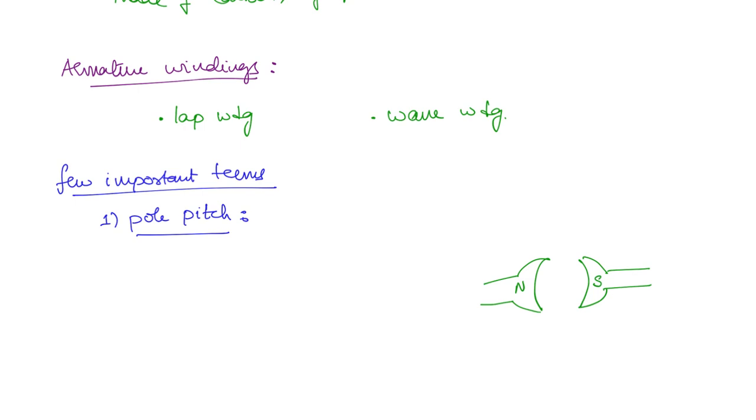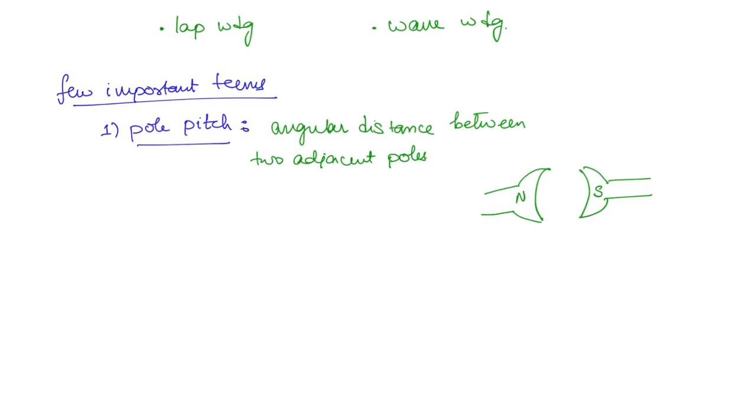That is called the pole pitch: the angular distance between two adjacent poles. Now when there are only two poles, it is pretty straightforward, but when you have more than that, we need to express pole pitch in terms of electrical as well as mechanical degrees. We need to know the difference. So for example, take the 4-pole machine.